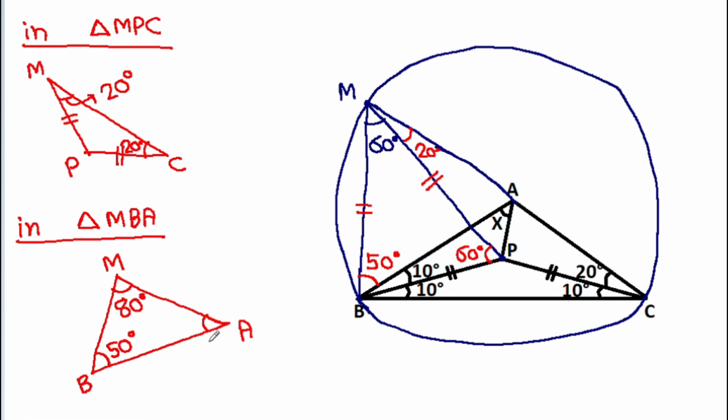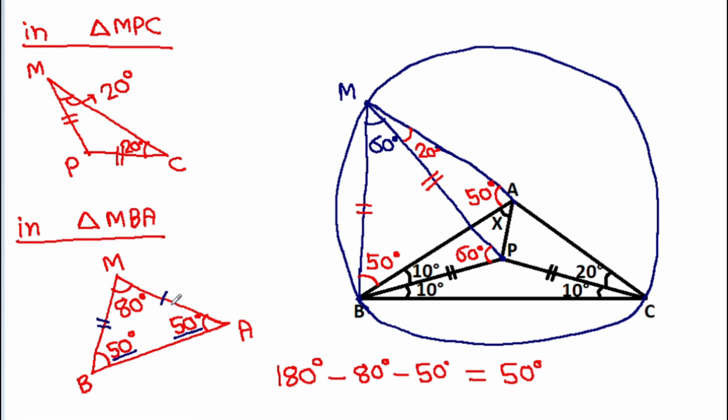So this angle will be 180 degrees minus 80 degrees minus 50 degrees, that will be 50 degrees. This angle is 50 degrees, and these two angles are equal. That means BM and AM will also be equal.